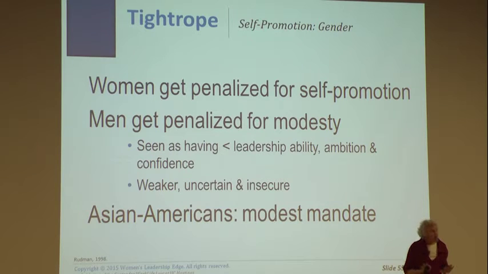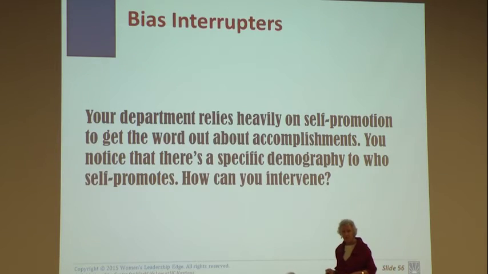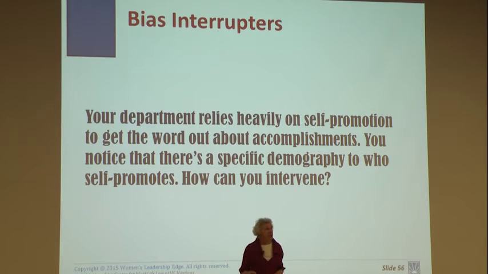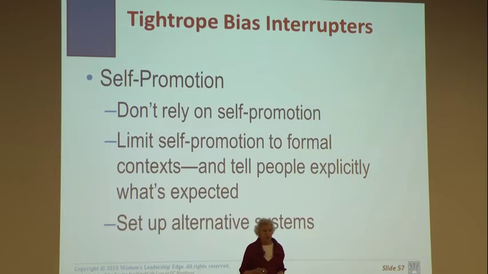Now, this modesty mandate also affects Asian Americans very profoundly, and also class migrants, people who grew up in a blue-collar background. So say your department relies heavily on self-promotion in order to get the word out about accomplishments. You notice that there's a very specific demography on who self-promotes. How can you intervene? Well, one is not to rely on self-promotion.